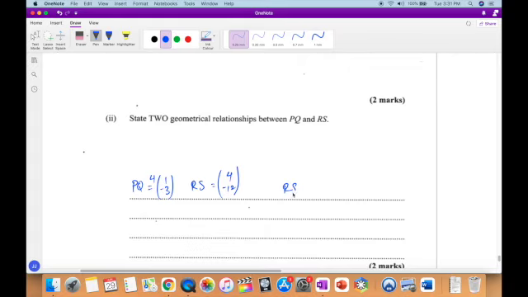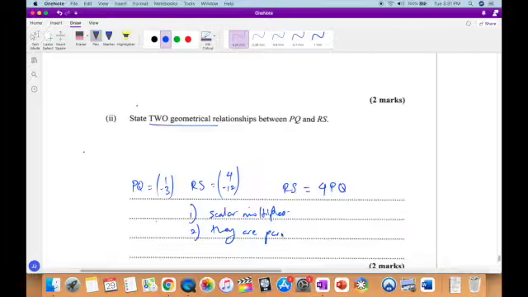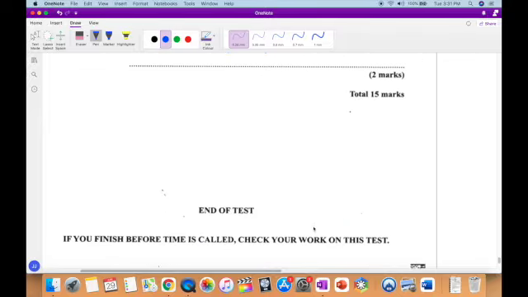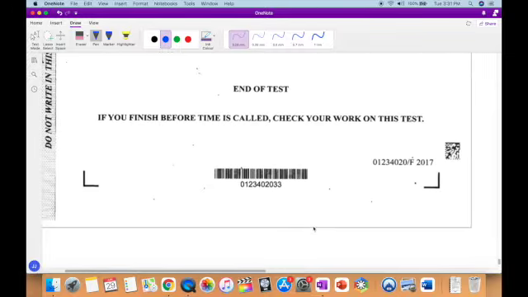So RS is actually 4 times PQ. So since RS is 4 times PQ, we could state the two geometrical relationships. One, they are scalar multiples, and therefore two, they are parallel. Once they're scalar multiples of each other, it means they're parallel, and that is the end of the test.